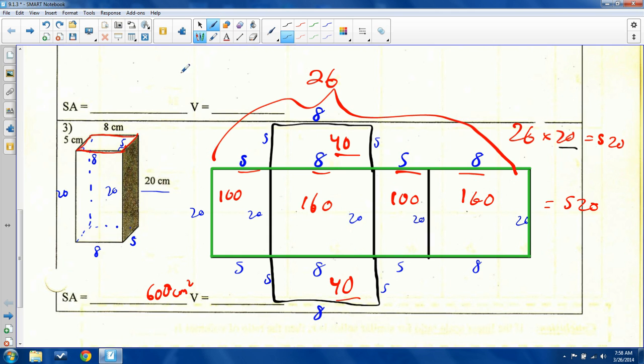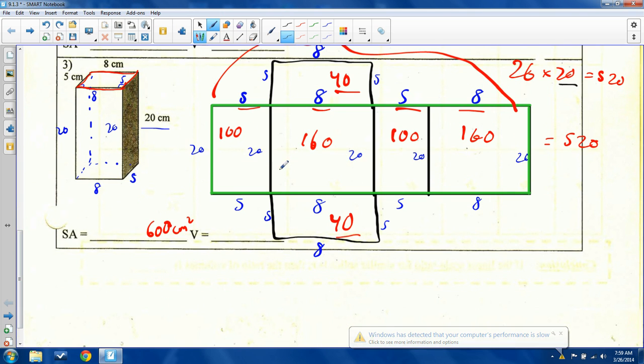Another way to look at it mathematically is by actually finding the area of all these. We did 100 plus 160 plus 100 plus 160. Well, mathematically, what we had to do was find the area of each.